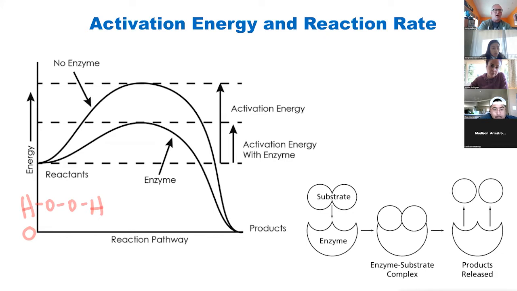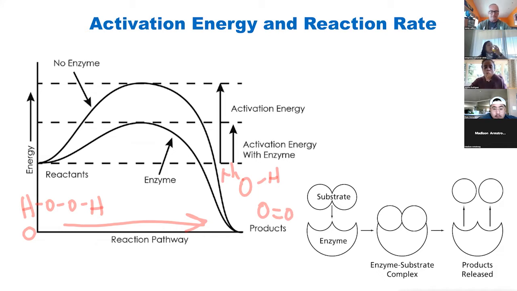And as we go across the reaction pathway, at the end, we would have our products. So we would have water and we would have oxygen. And then midway in between, we have something called the activated complex.